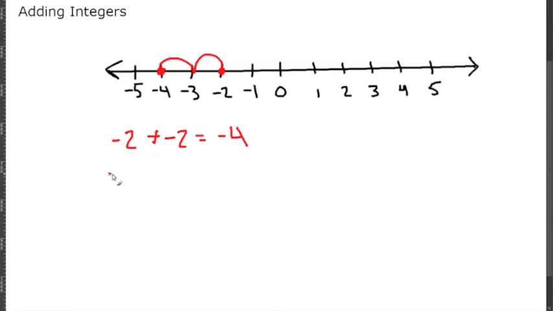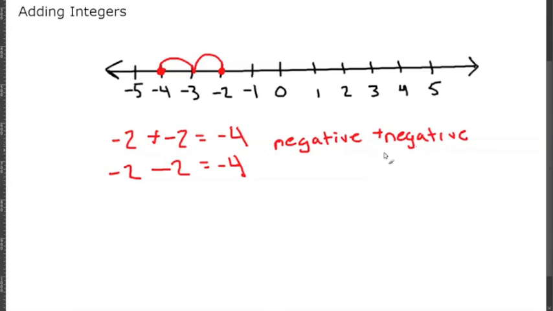This is the same thing as saying negative 2 minus a positive 2 equals negative 4. Because when you're adding a negative, you're really taking away that whole number. So from this, you can see that a negative plus a negative will equal a negative.